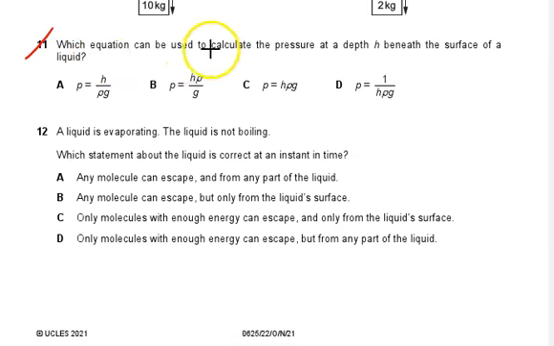Which equation can be used to calculate the pressure at the depth h beneath the surface of the liquid? This is the basic physics formula for pressure, h rho g. So your answer is C here.